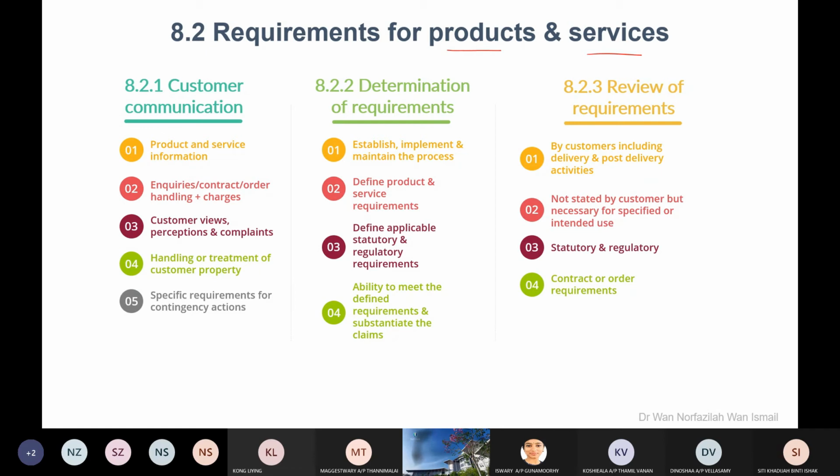That is products. But we also have labs that provide services, such as water analysis labs.